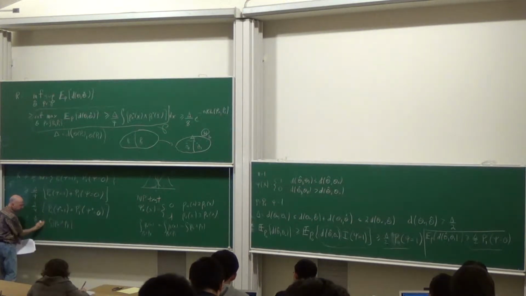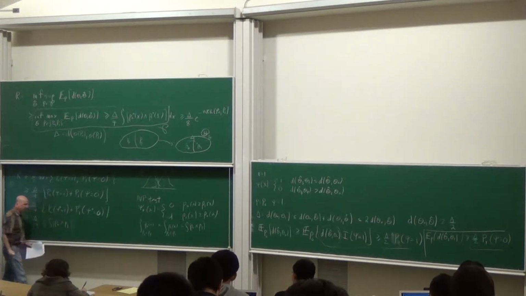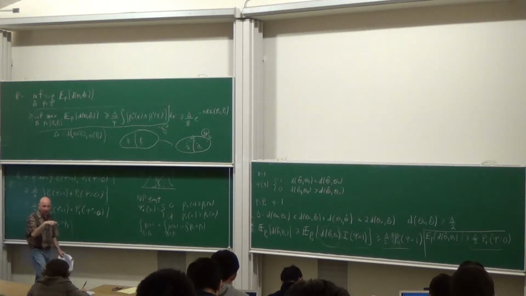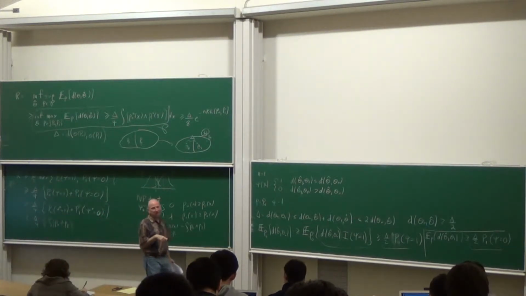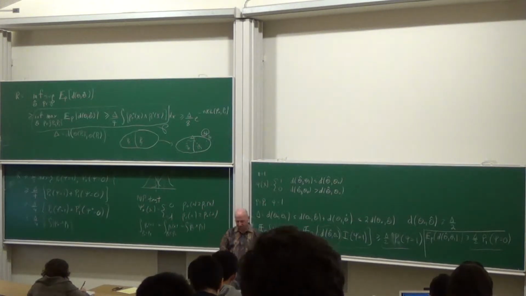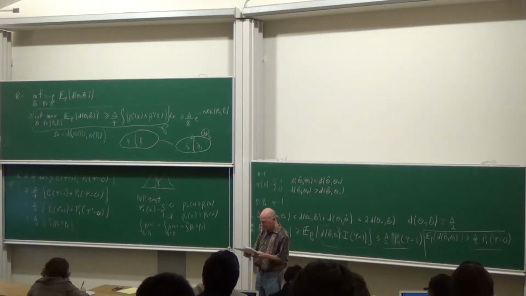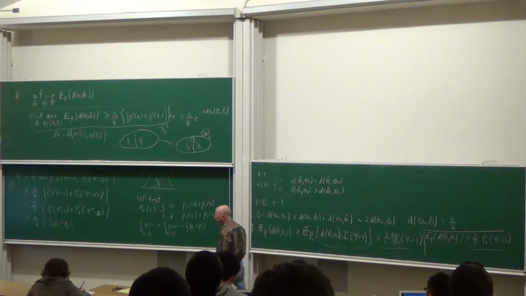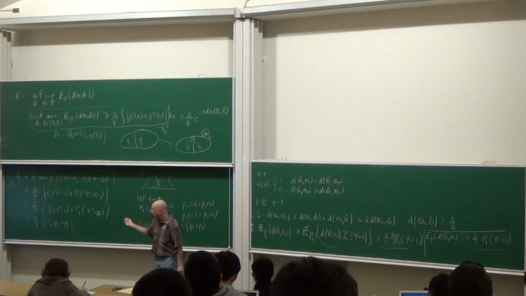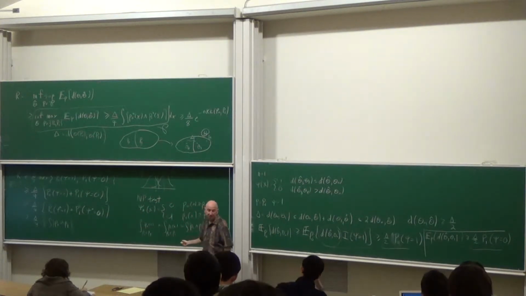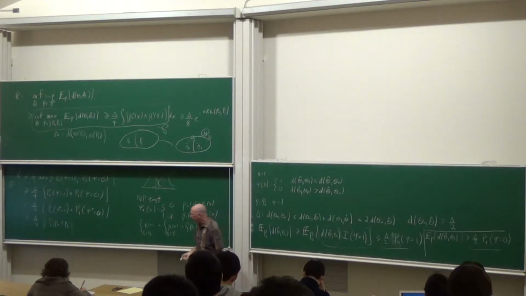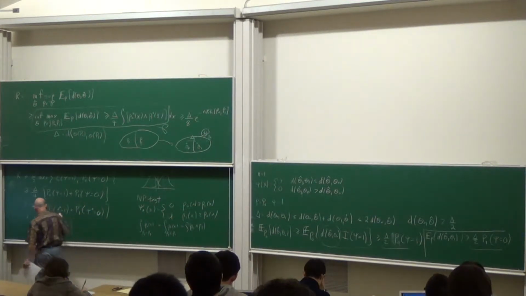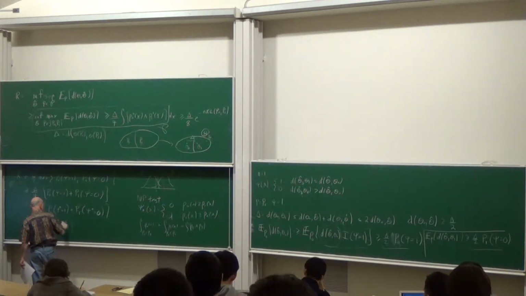That's what we set out to prove. The only thing is I did this for n equals 1, so I didn't have to carry around these product densities everywhere, which is laziness really. Everything I just said would be true for n observations. The only thing that would happen is you replace the density P with the product density for n observations. So I should have just done the proof in general n right at the beginning.